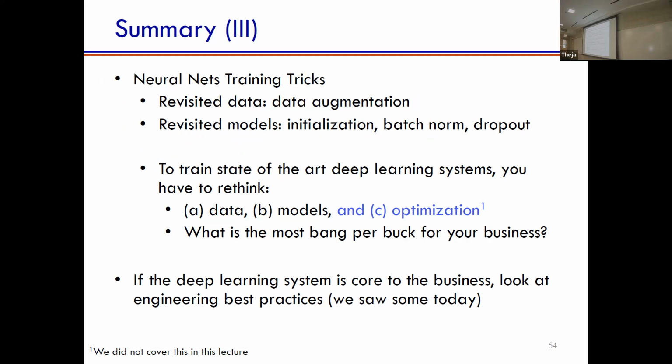We had data augmentation, initialization, batch norm, and dropout. What we skipped is optimization details, where I mentioned SGD versus Adam versus RMSprop, some names that you might have come across. That's something to revisit, but we will not spend time on it for now. If we have time, we'll get back to it.